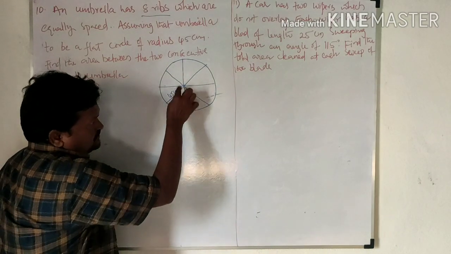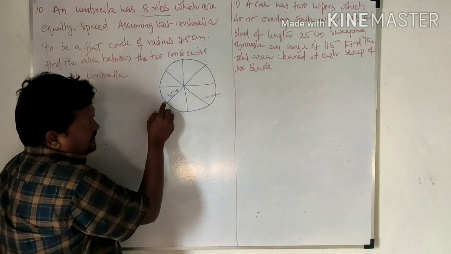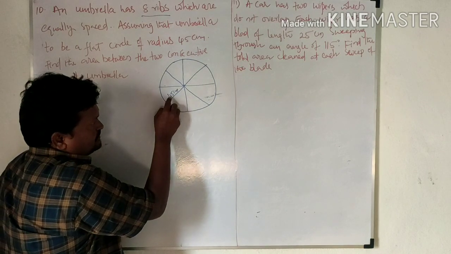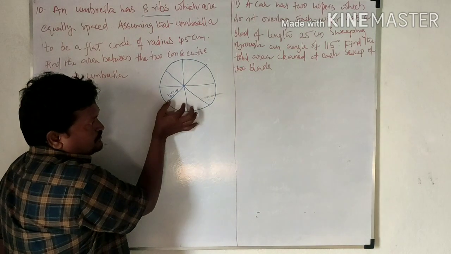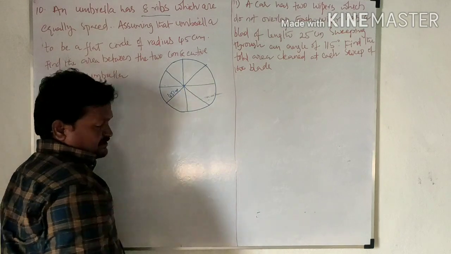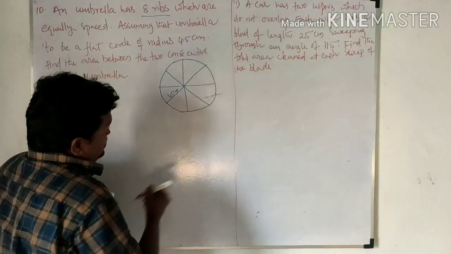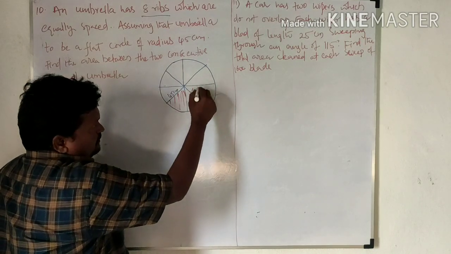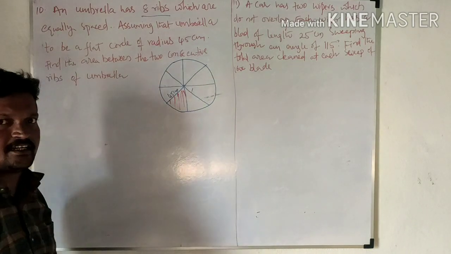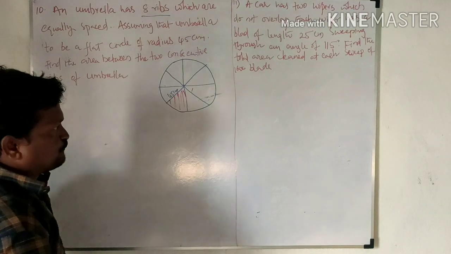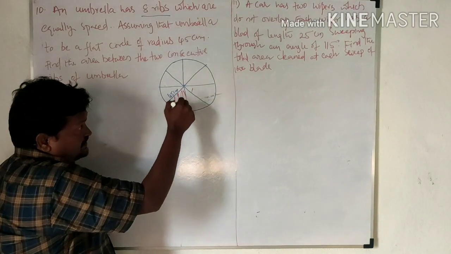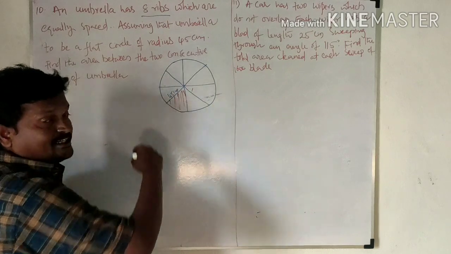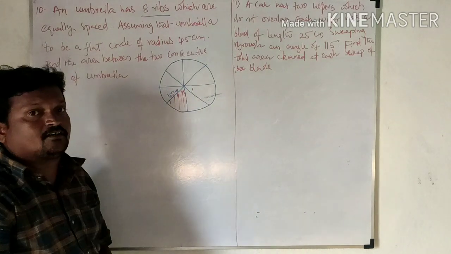This is one rib, and this is another. Between two consecutive ribs, this will be the area of a sector, and how many sectors are there? 8 sectors are there. So the area between two ribs will be the area of a sector.